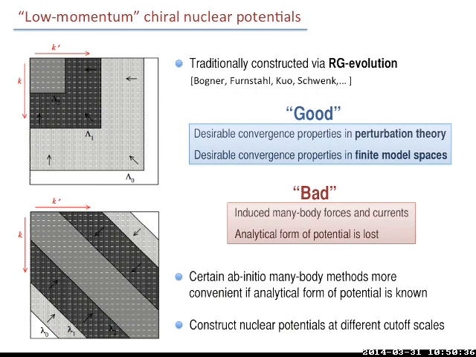And what's been found over the last basically decade or so is that if you evolve essentially any realistic nuclear potential down to a resolution scale of about 1.5 Fermi lattice spacing, then you find very good convergence properties, both in perturbation theory as well as calculations in finite model spaces, as you increase the number of basis states you're working with.